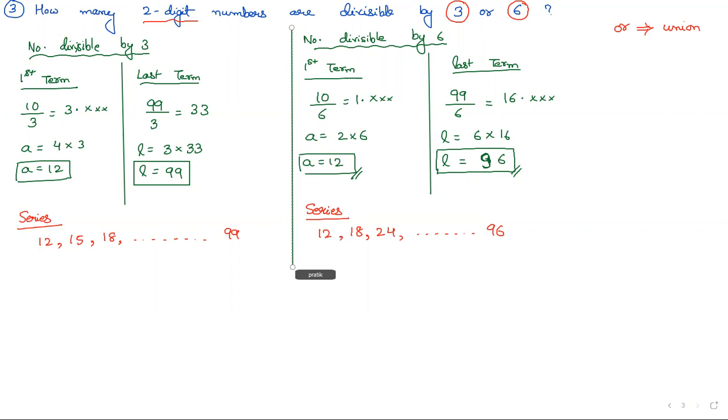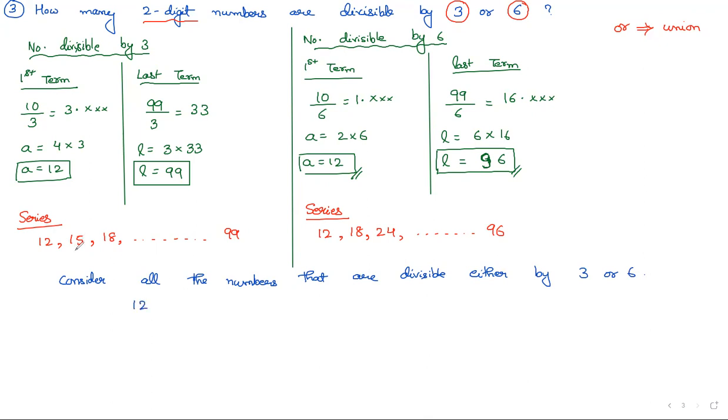So we'll have to consider all the numbers that are divisible either by 3 or 6. So the series that time will be 12.